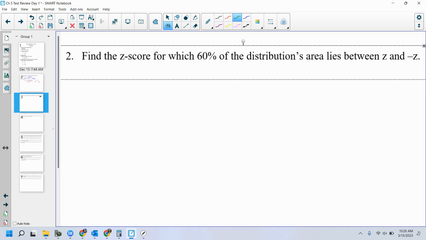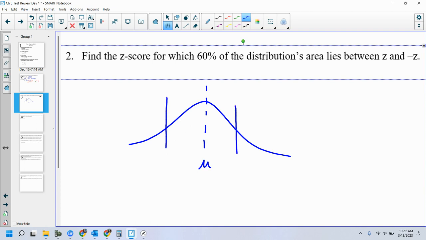Here's my mu, and I want 60% of my data to fall between here and here. You follow me there?